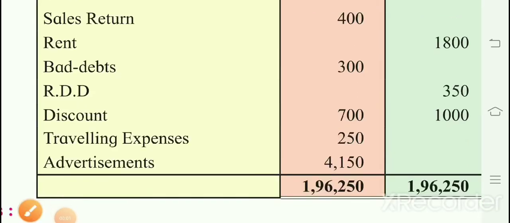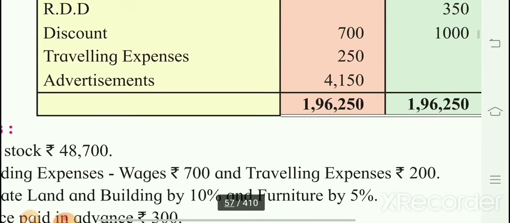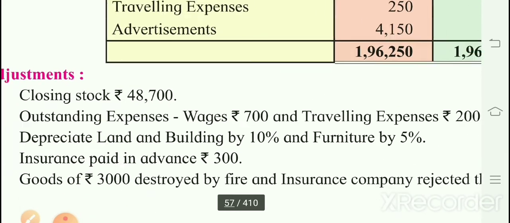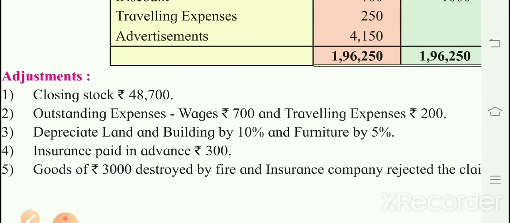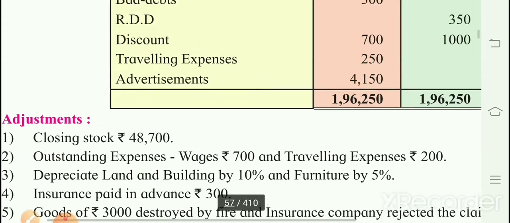Next is bad debts rupees 300 and RDD rupees 350. These are old bad debts and old RDD. See in adjustments, nothing is mentioned about creating new RDD and maintaining further bad debts.